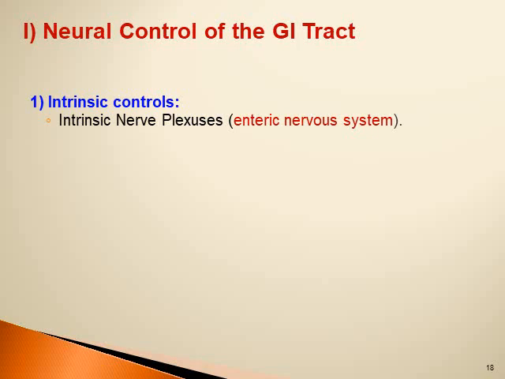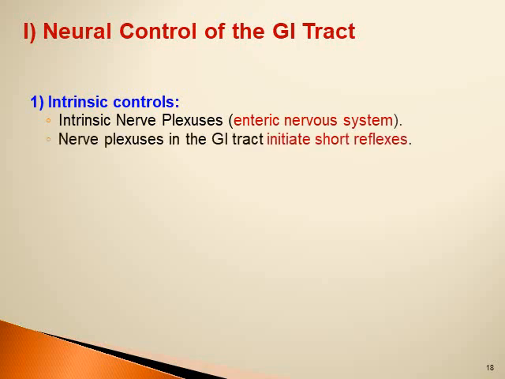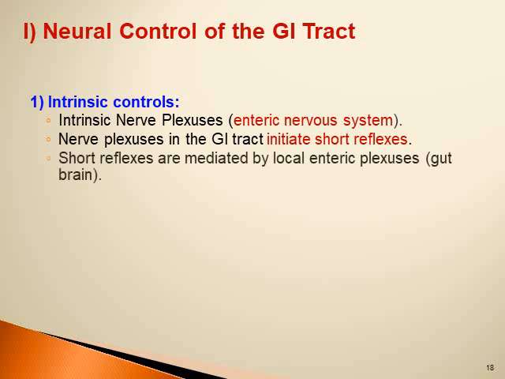It is a very important neural plexus that controls the functions of the alimentary canal, both motility and secretion. Nerve plexuses in the GIT initiate short reflexes. Short reflexes are mediated by local enteric plexuses. And as I said, these plexuses are called the gut brain.